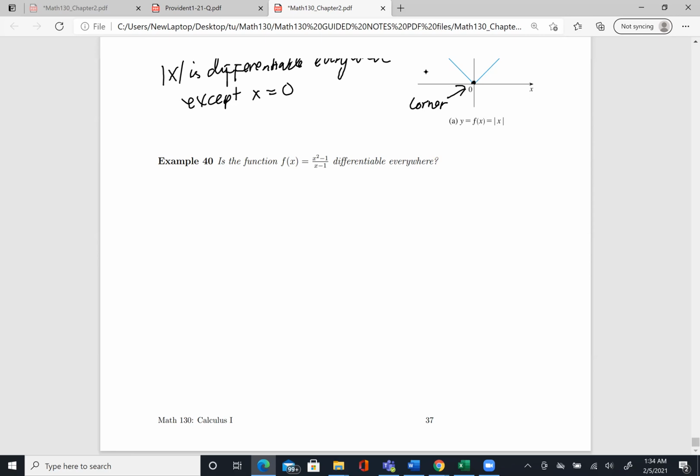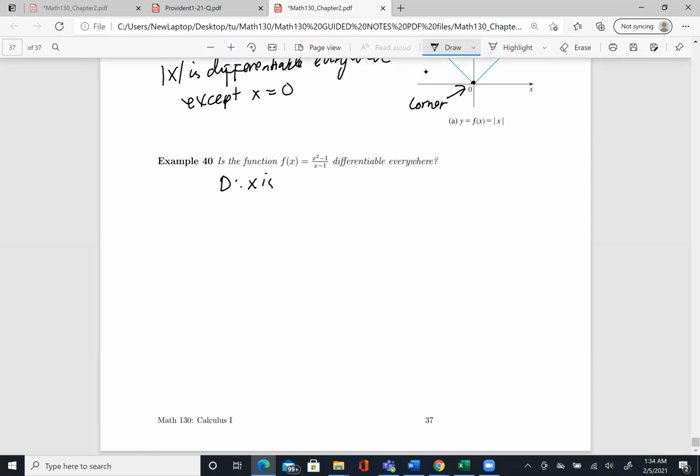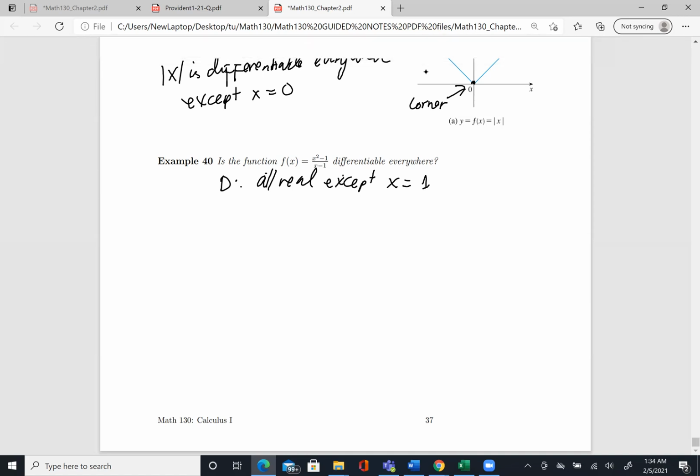The domain is all real numbers except x equal to 1, because when x equals 1 that makes it undefined. Then f of x, x squared minus 1, can be changed to x minus 1 times x plus 1, divided by x minus 1.